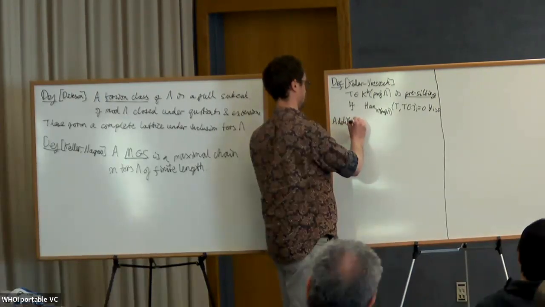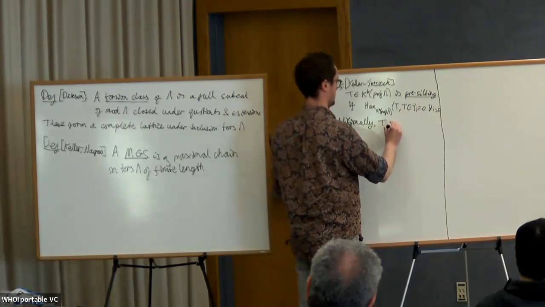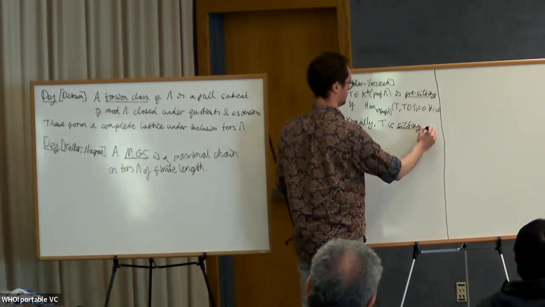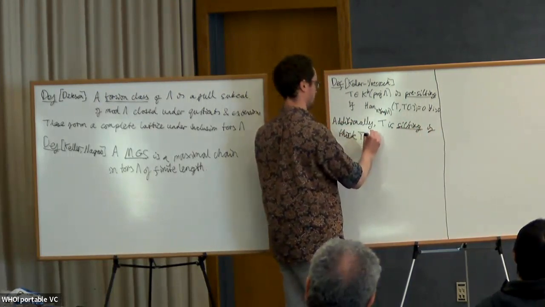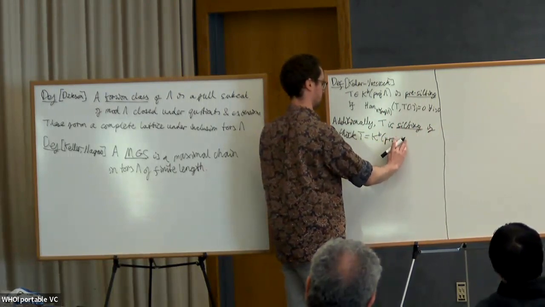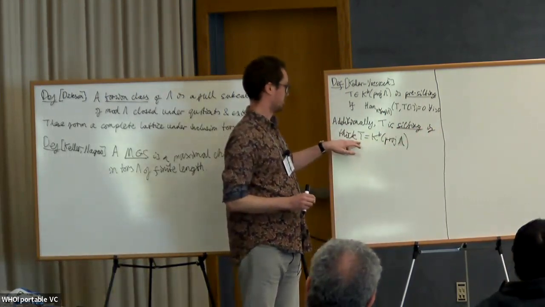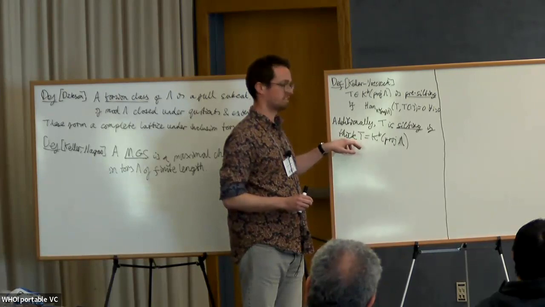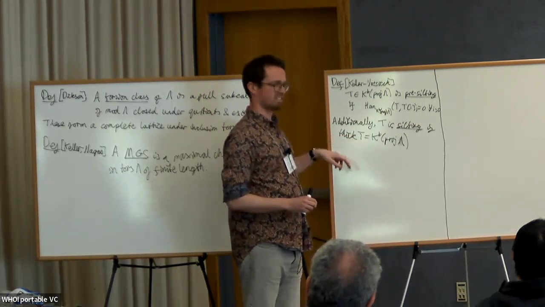Additionally, T is silting if it is pre-silting and the thick subcategory generated by T is the whole of K^b(proj lambda). The thick subcategory is the smallest triangulated subcategory containing T, closed under direct sums and summands.